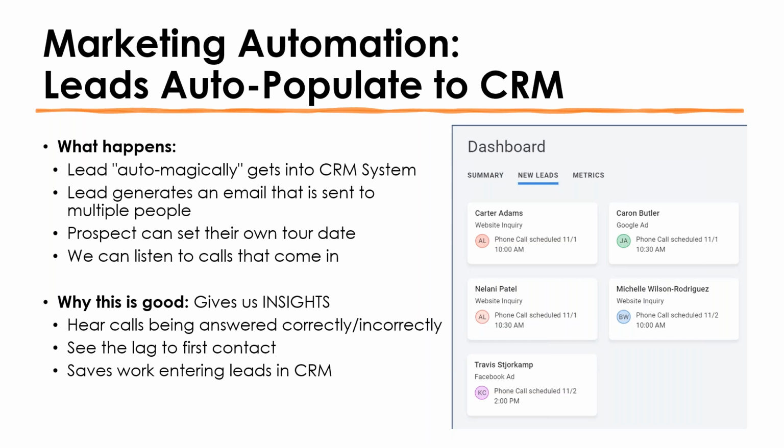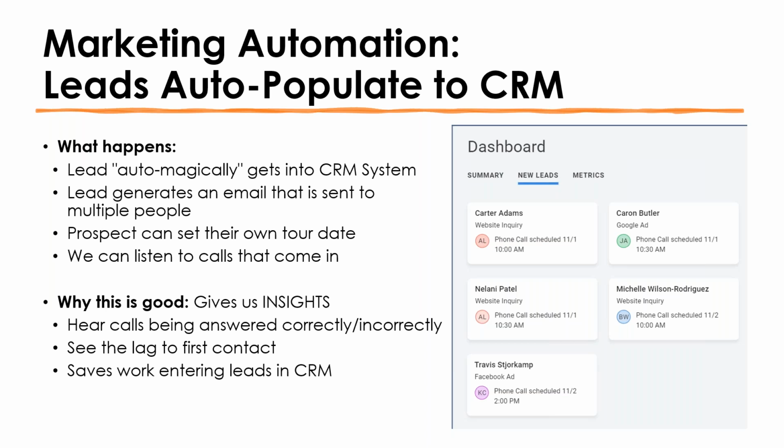Marketing automation allows us to hear calls being answered, and we can hear if the information that's being provided is correct and how the salesperson is actually interacting with the lead. We can see a lag between first contact, like when the lead contacted us and how quickly we get back to them. And finally, it just saves work getting information into our CRM system.